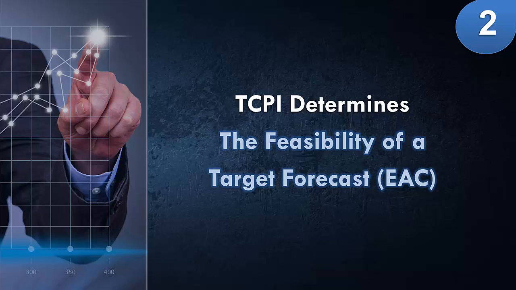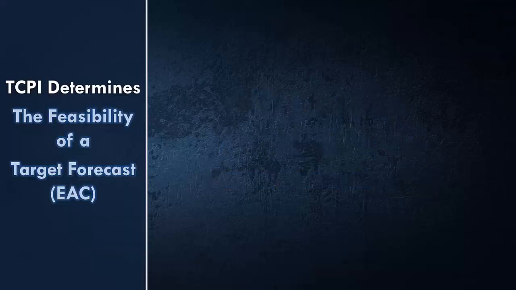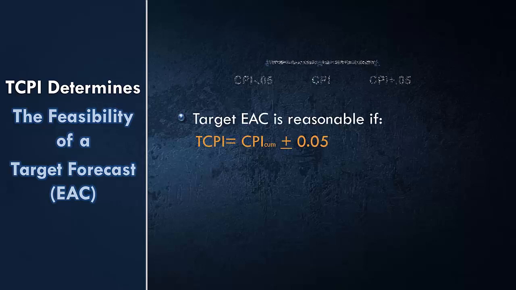So TCPI determines whether a target forecast or estimate at completion is reasonable. You might question how it does that. Well, when you compare TCPI with the cumulative CPI, you can get some good information and assessment. A target EAC or a target forecast is reasonable if your TCPI is within the range of your CPI.